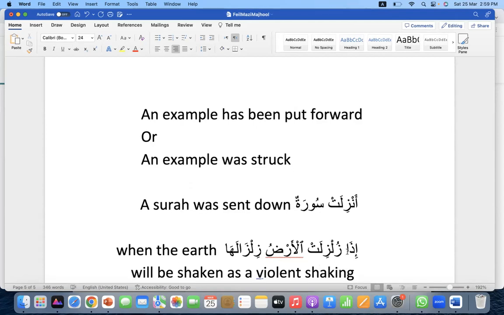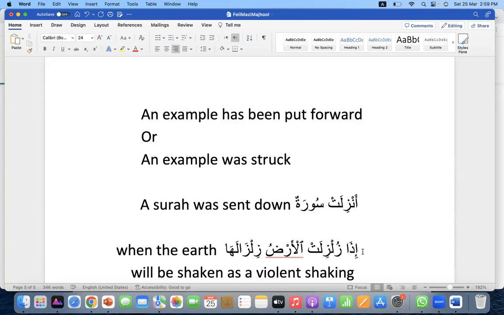Number two, whenever you have iza, it is basically a harf zarf, giving place and time. It talks about time. This iza is always used for certainty. For example, if I say, when you come to my house, I will serve you dates, I will use iza only when I am certain.